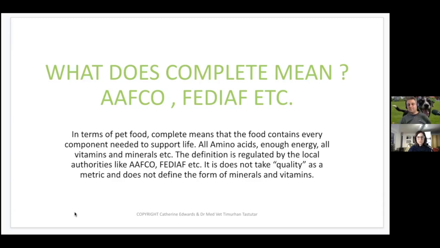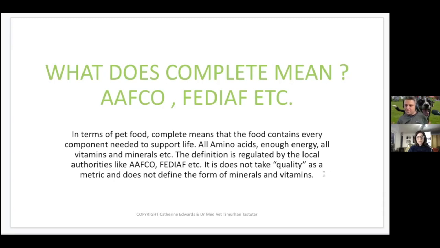That means actually the pet food industry itself decides what is complete and what is not complete. And this is a huge problem, because what they deem as totally enough for survival might not be, and some things might be even too much, like vitamin D. The regulated amount of vitamin D is just ridiculous for dogs. It just doesn't make any sense.